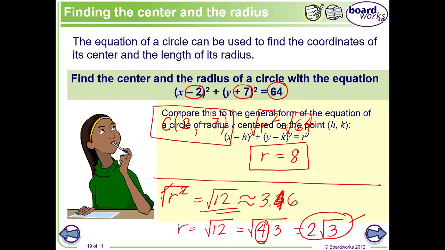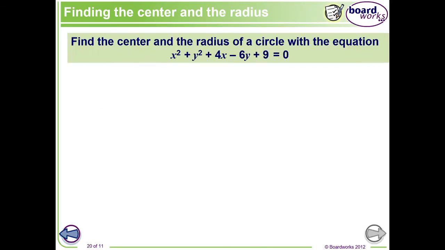Okay. Now, what if you're given the general form of the equation of a circle. Like you're given x squared plus y squared plus 4x minus 6y plus 9 is equal to 0. It is not written in this format.